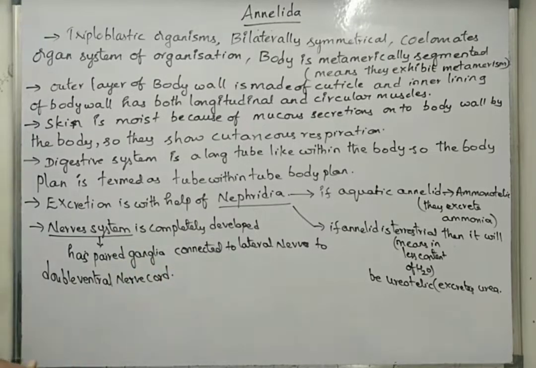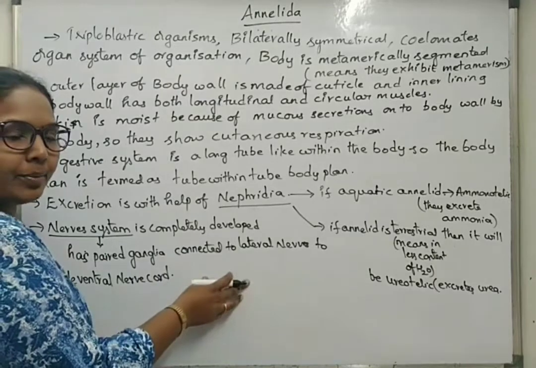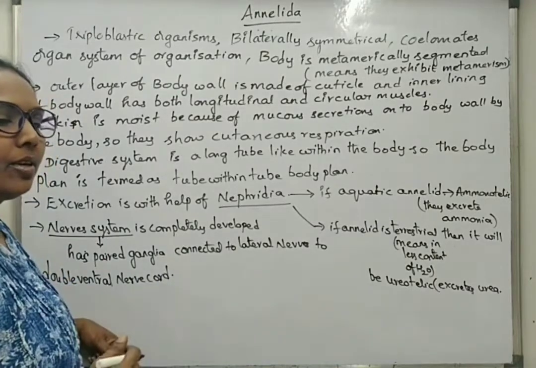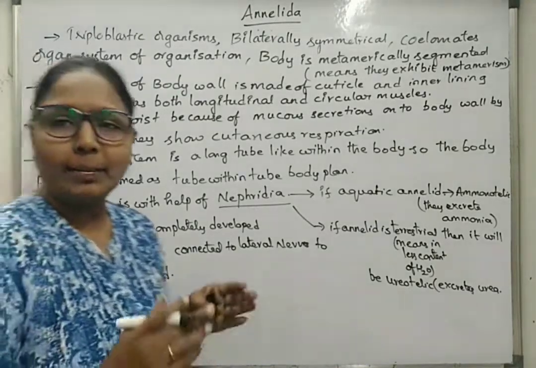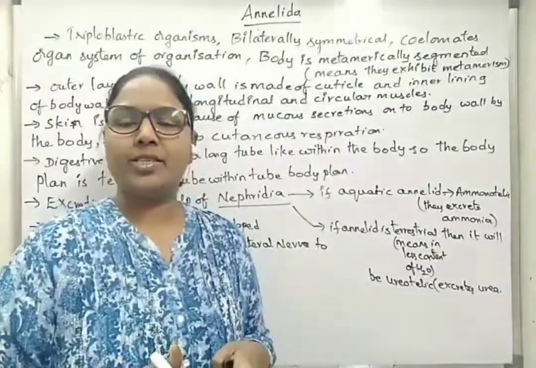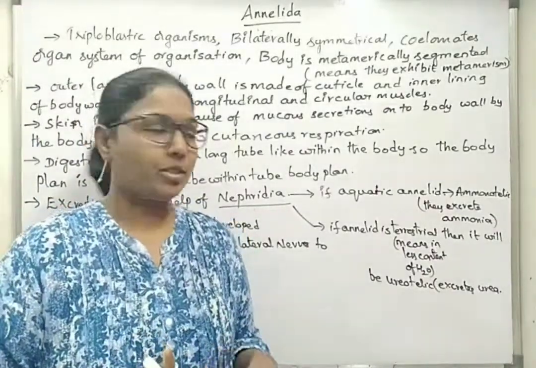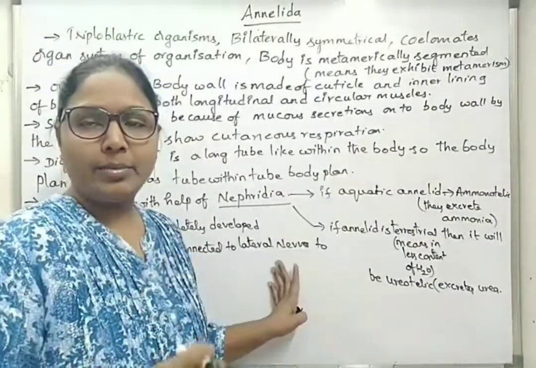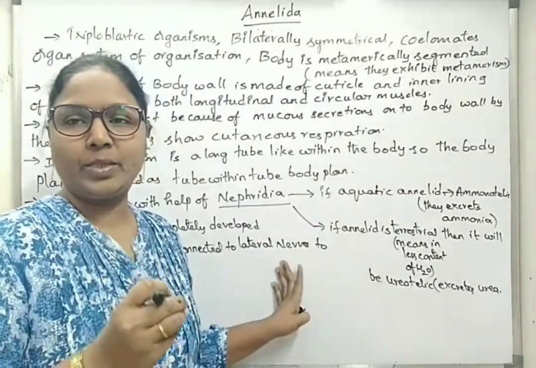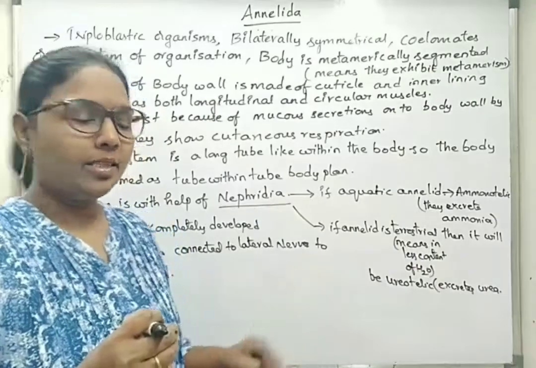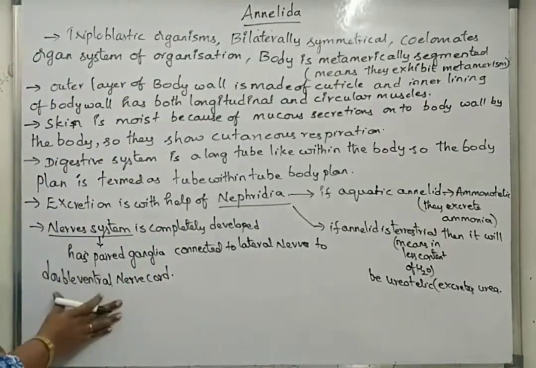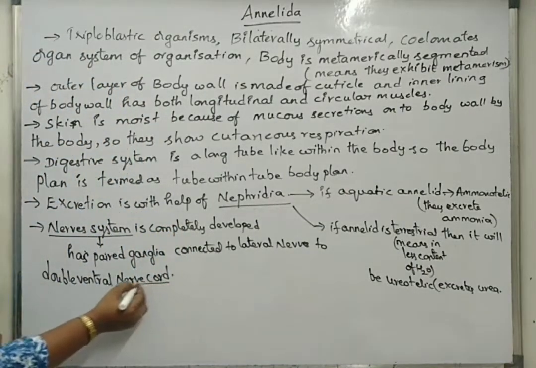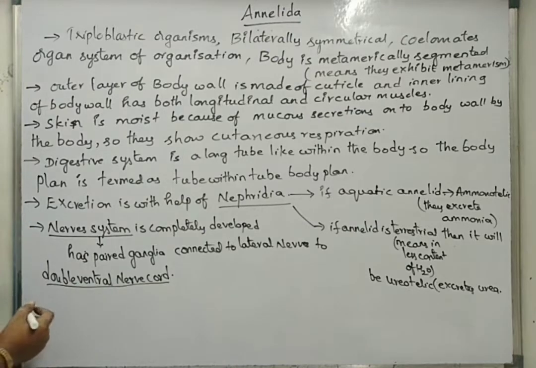We will see the diagrammatic representations of this in the structural organization chapter, where we will read complete diagrammatic representations of annelids, cockroaches and frogs. But here we will just learn the terms. So, double ventral nerve cord.